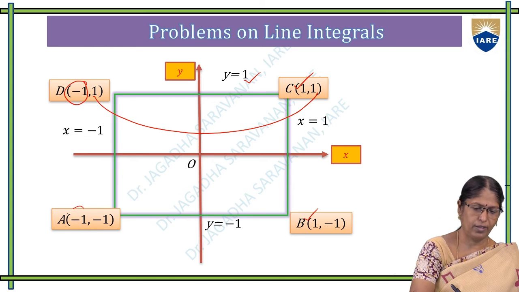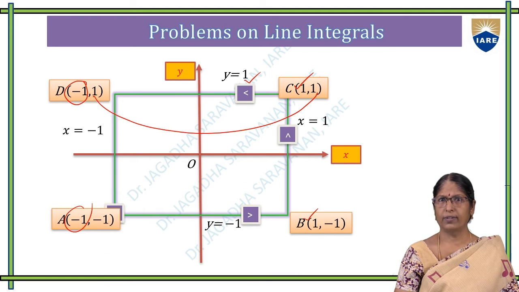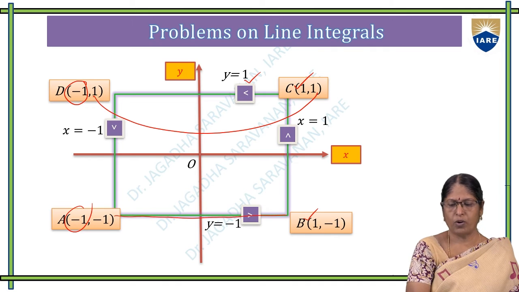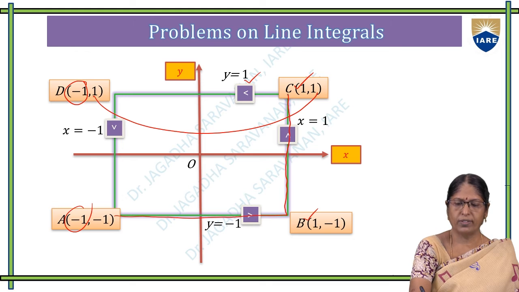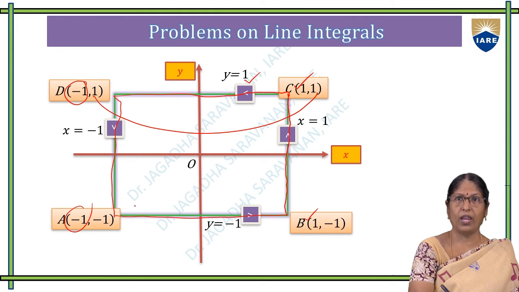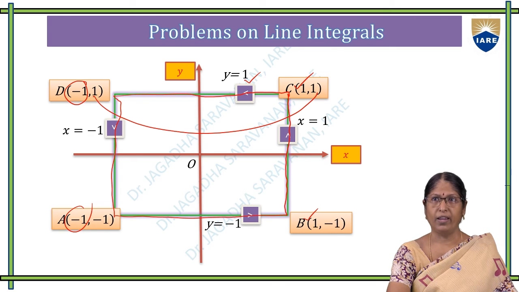We can see the arrow marks: we start from A, the arrow moves to B. From B the arrow moves to C. From C the arrow moves to D. From D we move to A. It is a closed curve, so we can find the line integral.